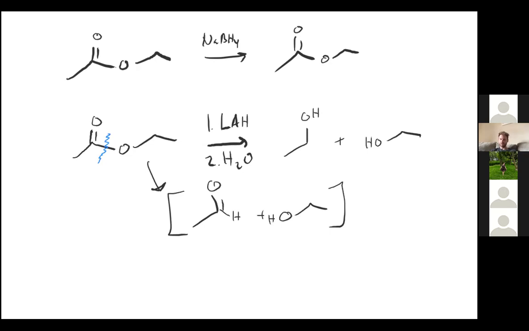So when you're reducing esters, you're going to end up generating two alcohols. One of them is going to be coming from our carbonyl side. The other side is coming from just our alcohol or ether side of this ester here.